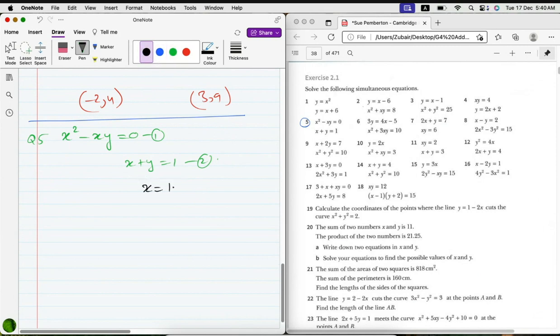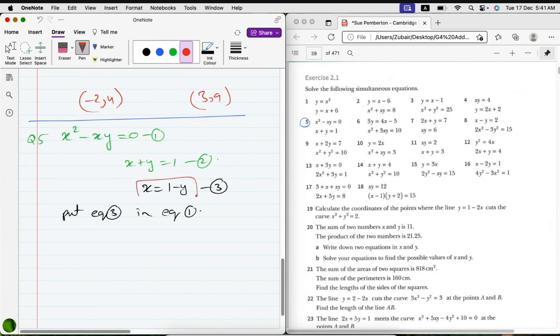Let's say x is equal to 1 minus y is the third equation. So we put equation 3 in equation 1 because we've made that from 2. So we'll substitute it in 1.